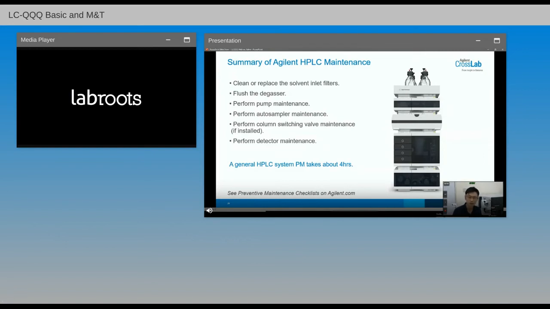Auto sampler, in terms of getting good reproducibility and a good linear regression line, is very important when you're doing calibration, so that when you're injecting 1 microliter, it's really 1 microliter, right? And of course, the maintenance of the detector itself, which is the mass spec in this case. So a very general PM on the typical general LC really takes about 4 hours or so.